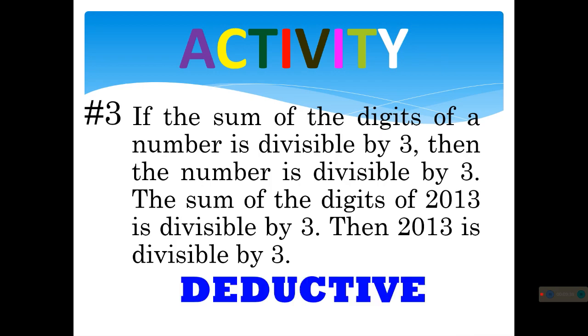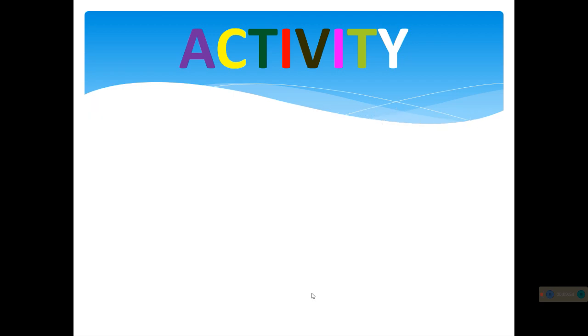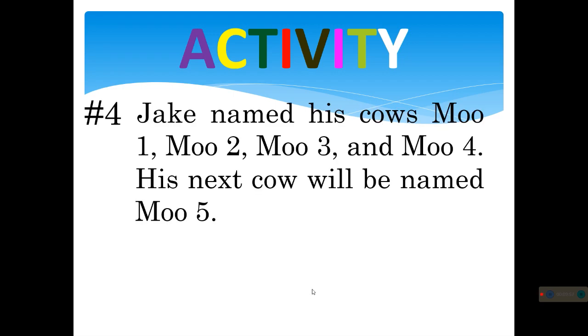Okay, yes, that's true. That is deductive. Okay, because you already have here the definition or the rule. So, after having the rule, you have given the example. 2013 is your example. So, that's why your kind of reasoning here is deductive. Okay, so let's proceed with number 4.